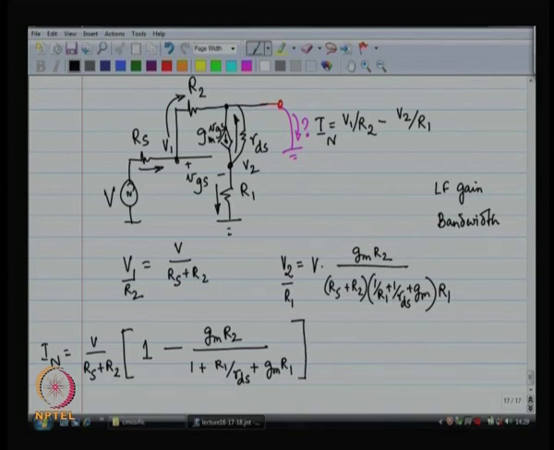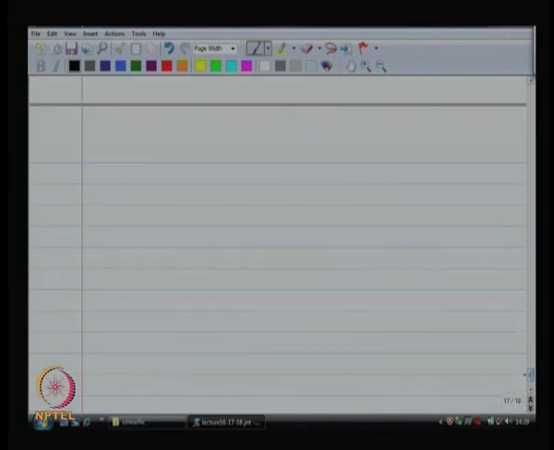This is what I have got. All right. Do you agree? So, that is your Norton equivalent current. Fine, that is experiment number 1 done.